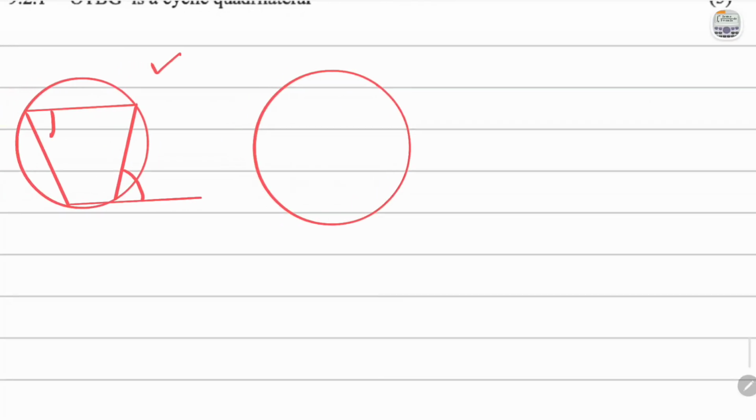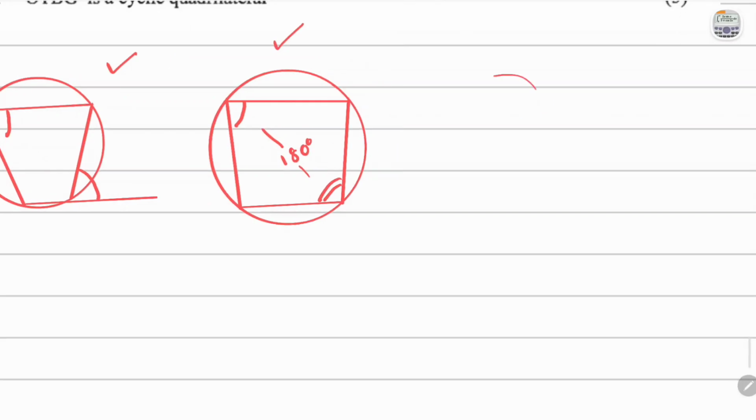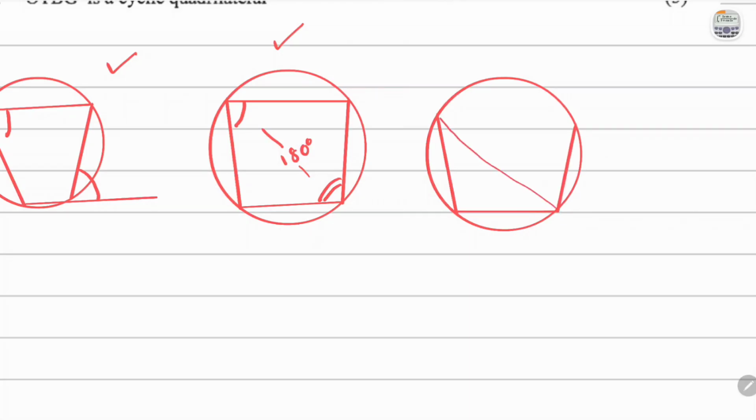The second way to prove that a shape is a cyclic quad is if we have a quad inside a circle, and you notice that the opposite angles of these quads add up to 180 degrees, then this is a cyclic quad. And then the third way to prove that a shape is a cyclic quad is if you have a situation where you have a chord or an arc and you notice that the angles at the circumference are equal, then this is a cyclic quad.